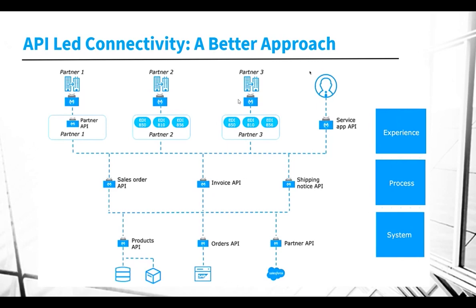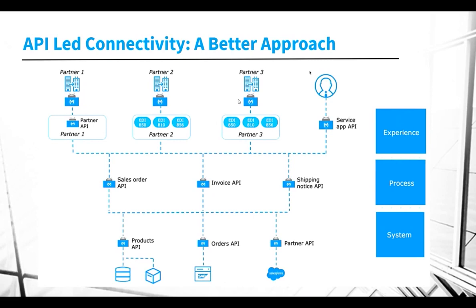Because these business processes are fundamentally never going to change, no matter which partner I do business with, business processes are always sacrosanct. So my process APIs will never change, and even system APIs.